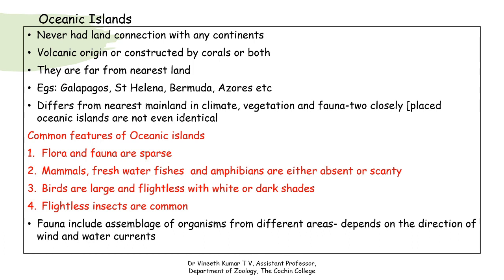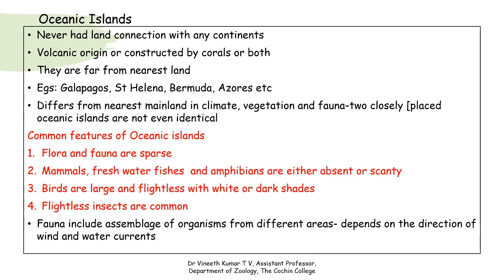The animals mainly represent those which came from the mainland through water currents, or through water logs, etc. Because this particular island was formed in a naive condition where there were zero animals and zero plants, from zero they might have evolved.